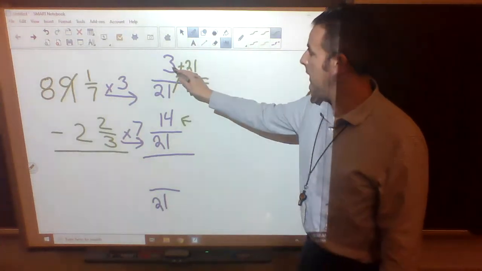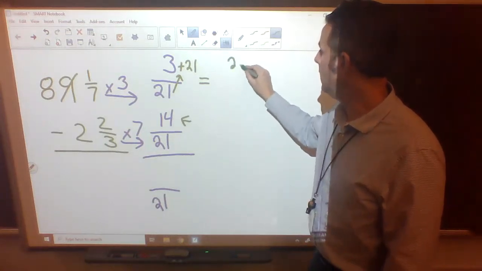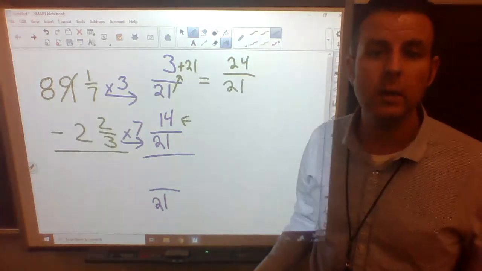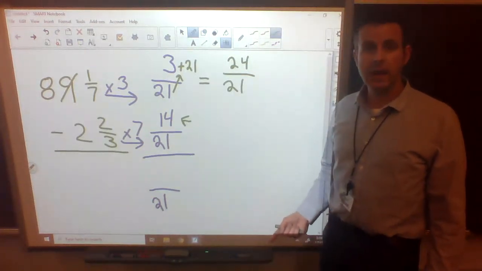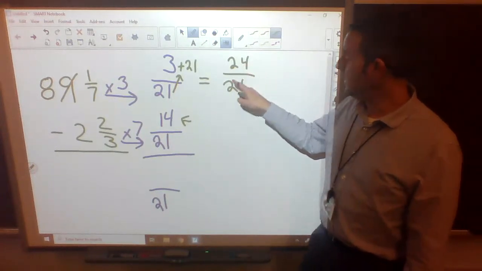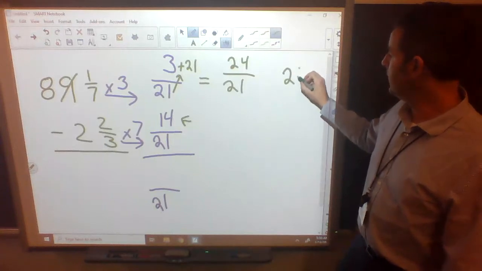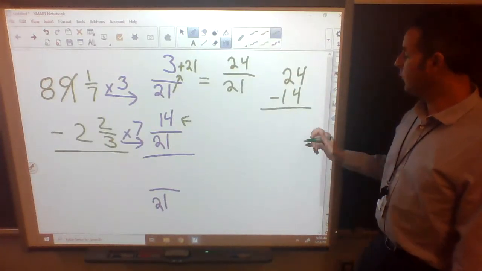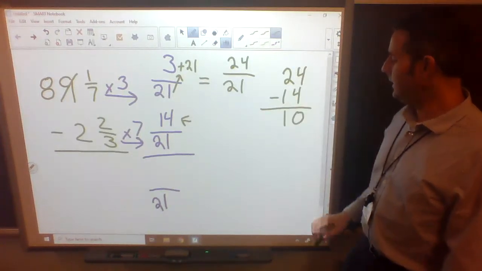And so what is 3 plus 21? It's 24. So now we have 24 pieces, but it still only takes 21 to make a whole. But now we can subtract. We can do 24 minus 14 because we have enough now. Some of you can do that in your head, but if not, write it down. 4 minus 4 is 0. 2 minus 1 is 1.